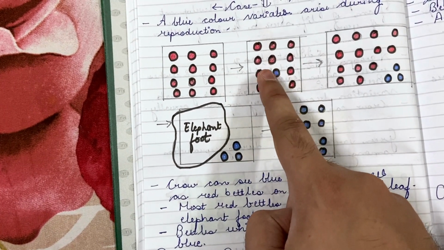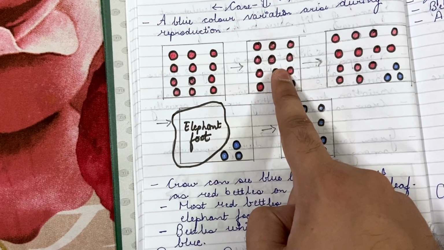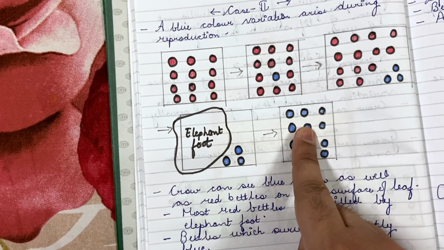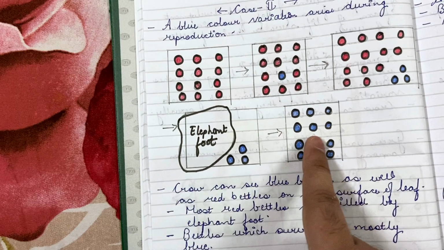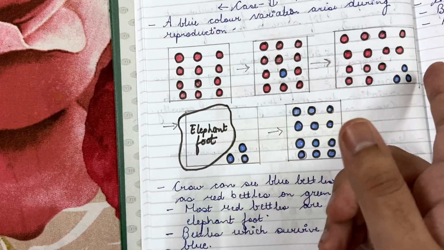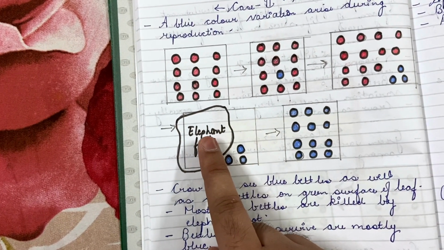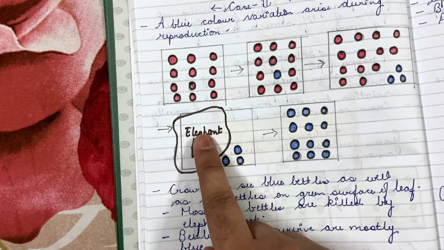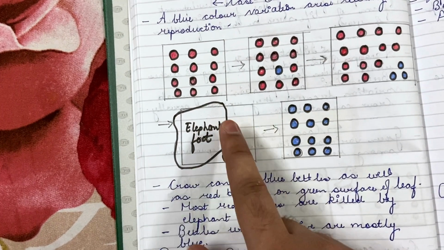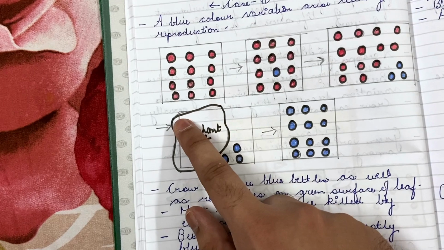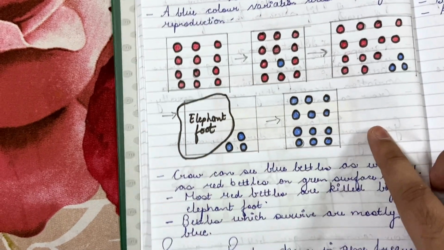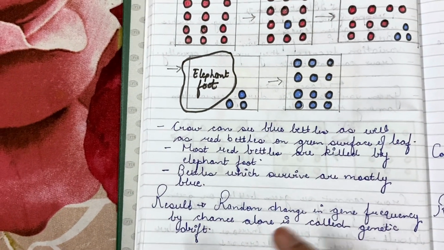So out of 11 red beetles and 1 blue beetle, now there are 12 blue beetles, which means the allele frequency has changed, but it has changed by a chance event because an elephant came and put its foot on the red beetles. So this is an example of genetic drift.